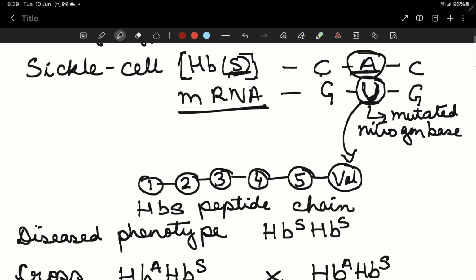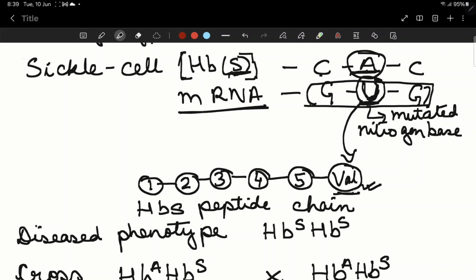So because of this uracil nitrogen base, this triplet, that is GUG, codes for the valine amino acid, right? As such, the valine amino acid comes in the 6th position of the polypeptide chain in place of the glutamic acid.